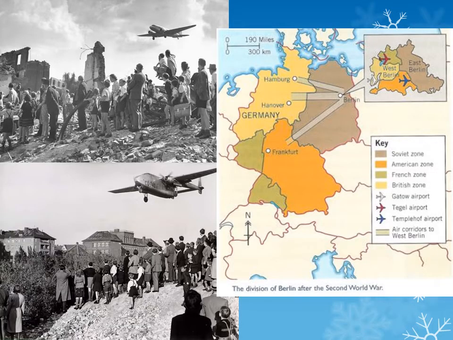Okay, so as the video covered, this map on the right goes into detail and zooms in on Berlin, and you can see East Berlin, and then Berlin itself is divided up into 4 different zones. One significant event was when Russia tried to push out American, British, and French forces from West Berlin.